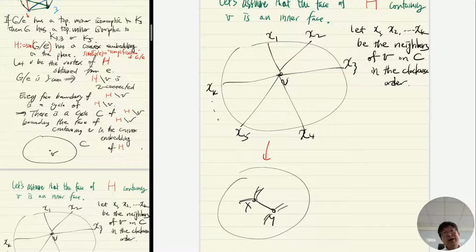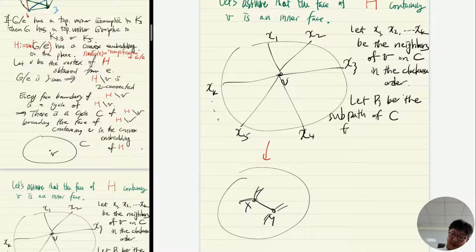The neighbors of X and Y are these x1 to xk, right? So let's have more names so that Pi is the subpath of C from xi to xi+1. So this is P1, P2, P4, and then this is Pk.